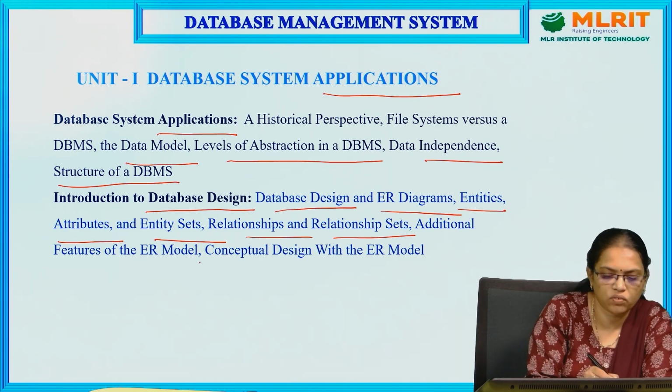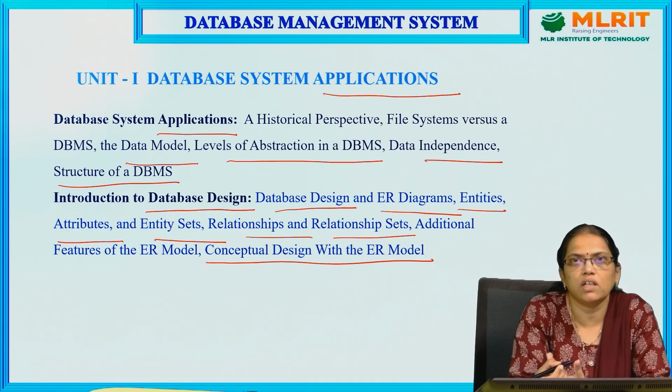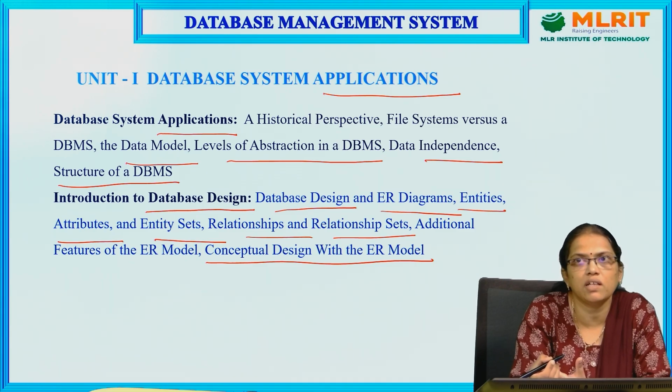At the end of the unit, we will be able to know what the ER diagram actually is. A student will be able to learn how to draw an entity relationship diagram for a college management system, hospital management system, or any system.